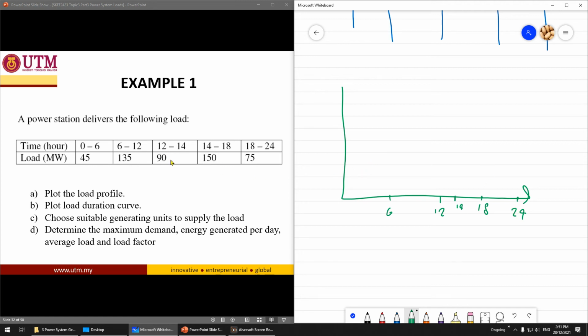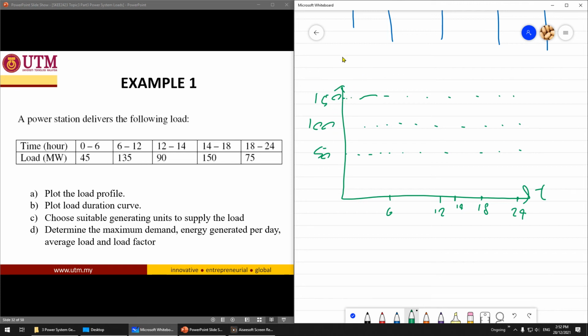The maximum is 150, this one is 100, and this one is 50. Make sure to try to sketch accordingly, and try to use a good range.